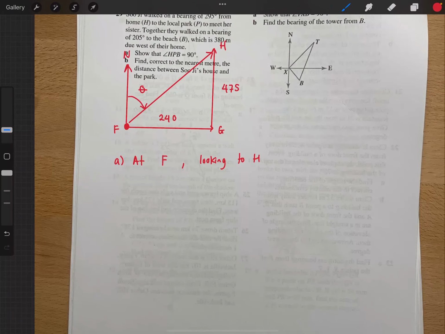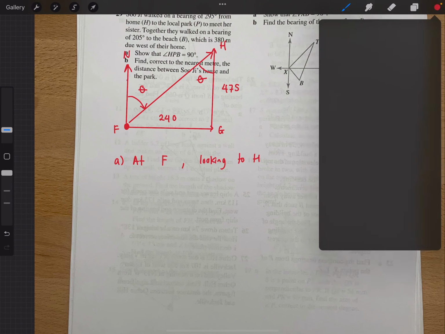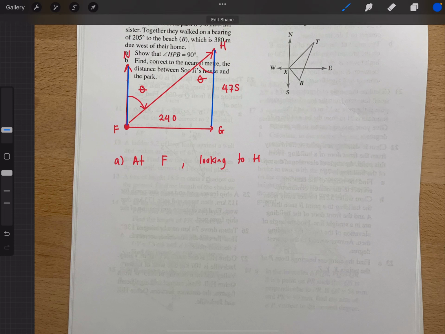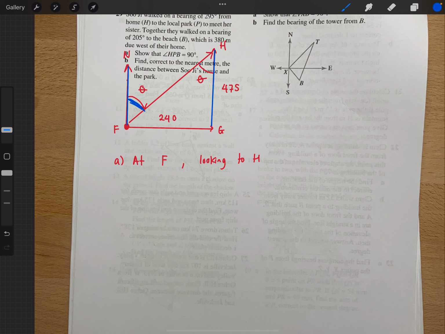To find theta, we can find this angle here. This is also theta as well. Again, I'm going to do this blue line to show you that this line and this line are parallel. If they're parallel, then this angle must be equal to this angle, because these are called alternate angles. That's the reason I put theta and theta there. Let me redraw this triangle.